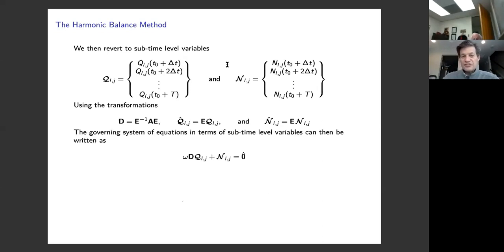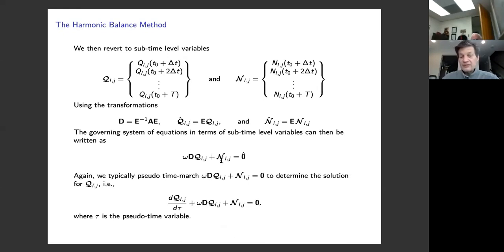Then we end up with a governing equation in terms of subtime levels, which is much easier to evaluate. And we march this solution, as with the simple scalar case in Duffing's equation, by adding a pseudo time marching term where tau is the pseudo time variable, and we just march that solution to convergence. So that's a quick summary, hopefully giving you the gist of how we apply the harmonic balance method to a CFD solver method.